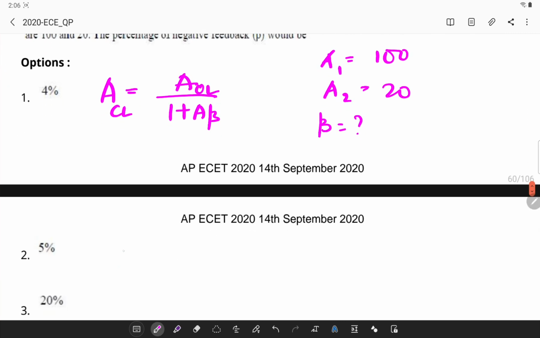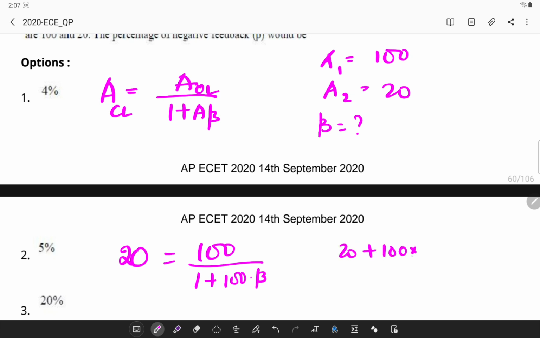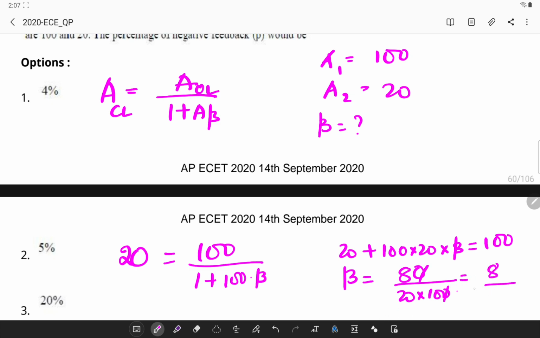The closed loop gain is 20, which is equal to 100 divided by 1 plus 100 into beta, or 20 plus 100 into 20 into beta is equal to 100, or beta is 80 divided by 20 into 100, which is 8 by 200, or 1 by 25.